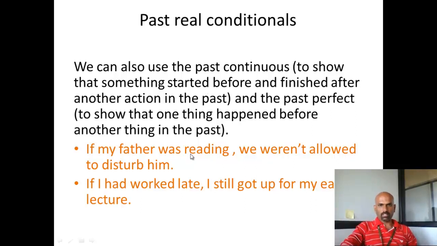That's what if my father was reading, it's over. We weren't allowed to disturb him. One completed before the other. That's two past events. The past perfect, if I had worked late, in the past event, still got up. Again another past thing, because both are past tenses, you can use these kinds of combinations.